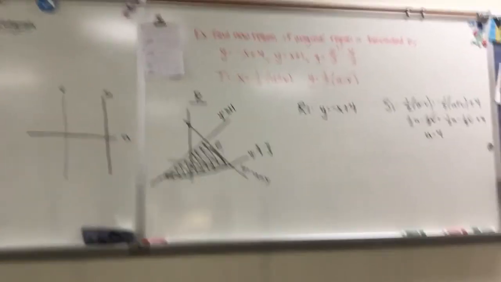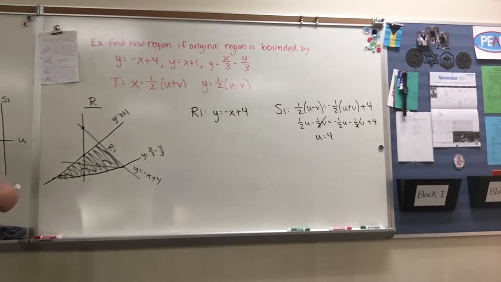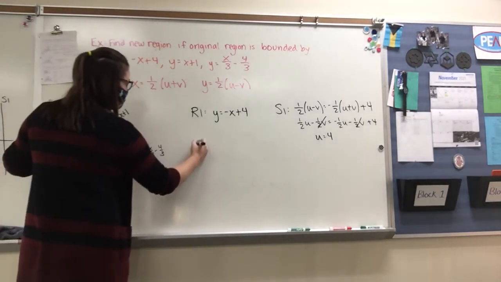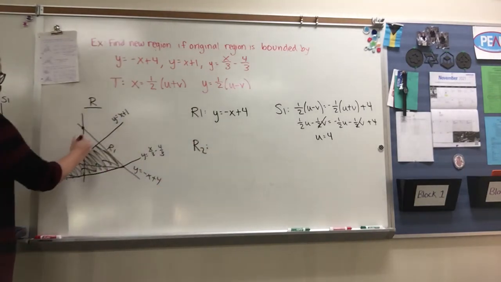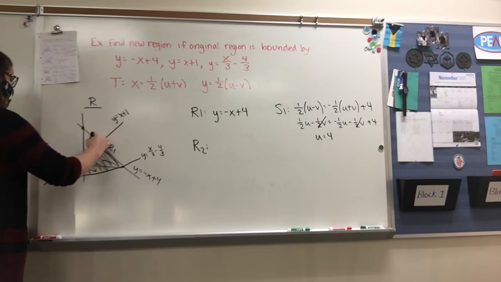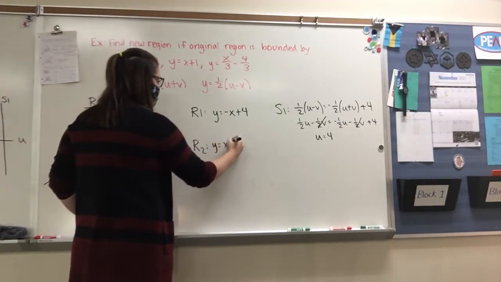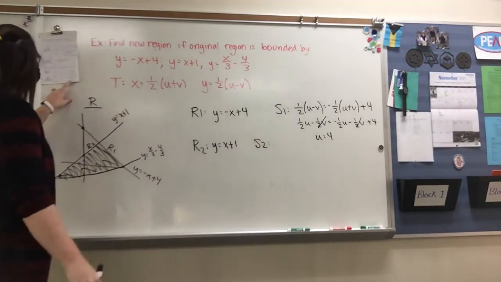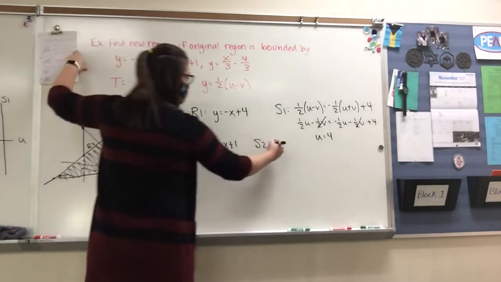I'm going to do it now for the other 2 sections. So go ahead and finish those other 2 if you haven't already done so. I'm going to go quickly. I'm not even going to show it. So if you guys have already done it, that's great. R2 for me was this diagonal line, so y equals x plus 1. And when I converted it, I get v equals negative 1.